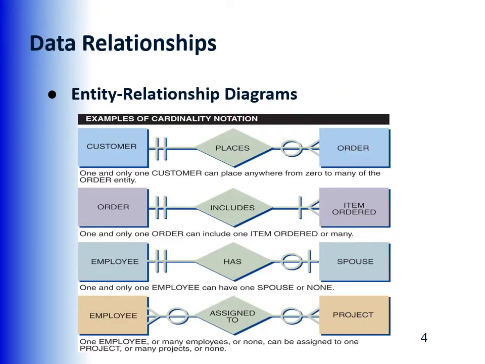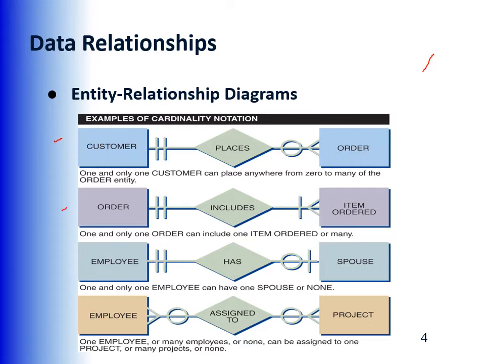These are examples of cardinality notation using crow's foot. There are four examples showing how you can use various symbols to describe the relationships between entities. The first one is cardinality notation of one and only one customer can place anywhere from zero to many of the other entity.